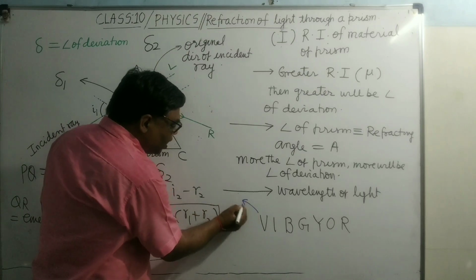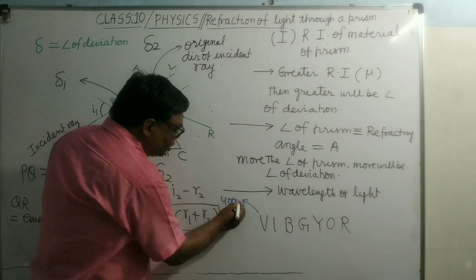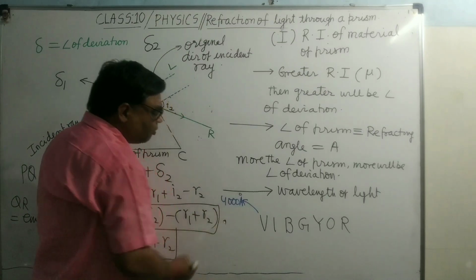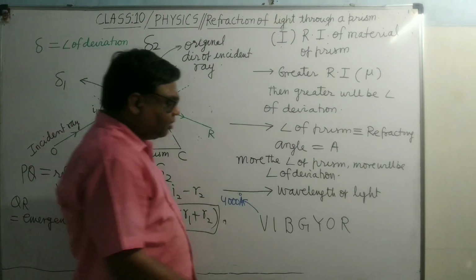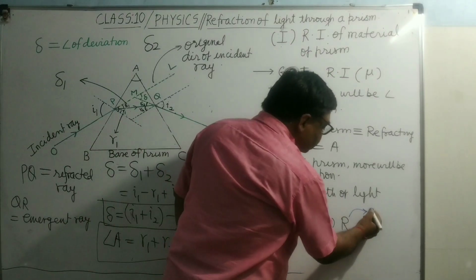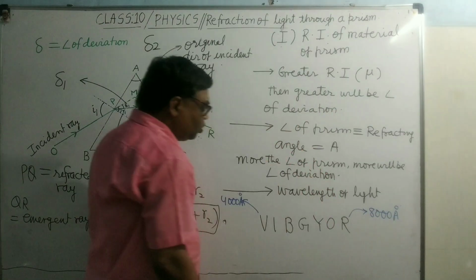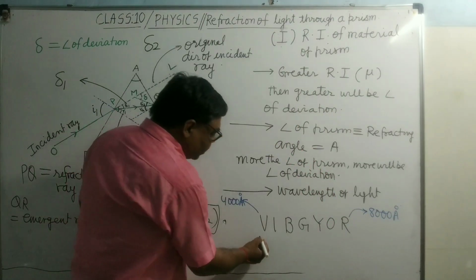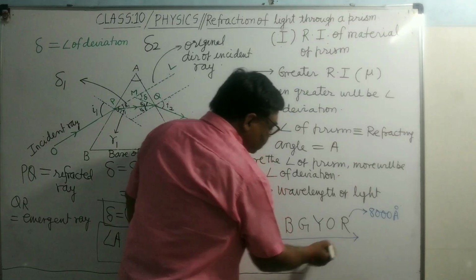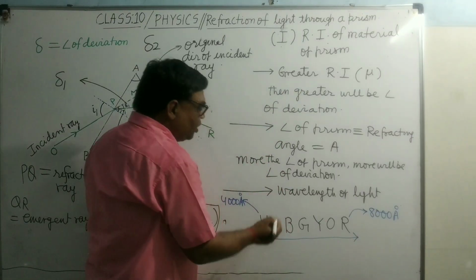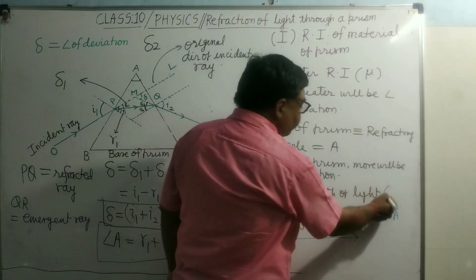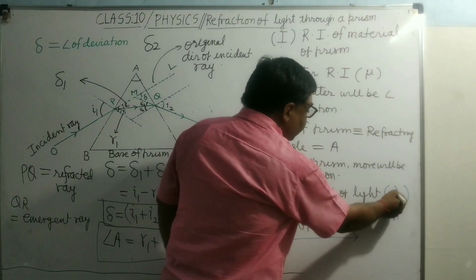The wavelength of violet color is 4000 angstrom. 1 angstrom equals 10 to the power minus 10 meter. Red has a wavelength of 8000 angstrom. When you move from violet to red, what happens? Wavelength is represented by lambda. Lambda increases.